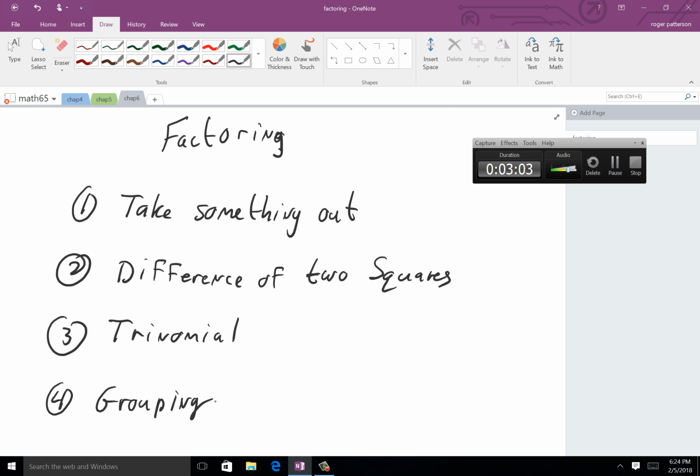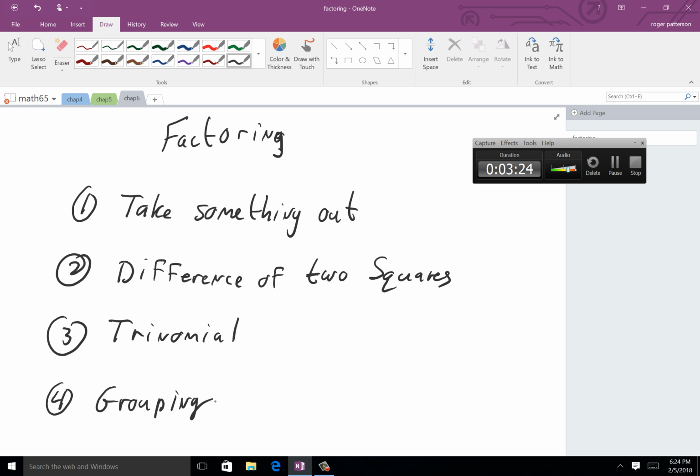Let's run through our strategies. Do we take something out? Is it a difference of two squares? Is it a trinomial? Can we group it? That's what you want to do when you're taking tests or quizzes or doing your assignments: think of those 4 things. What strategy is going to best suit this problem?